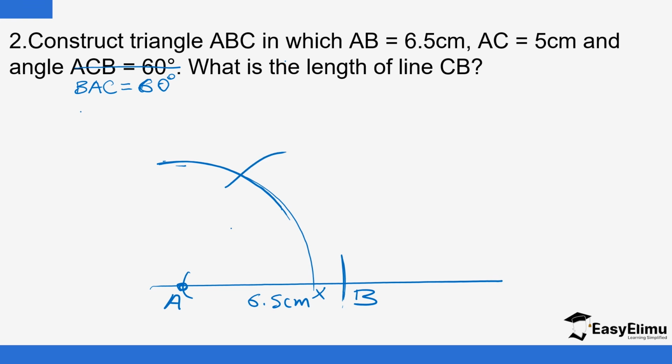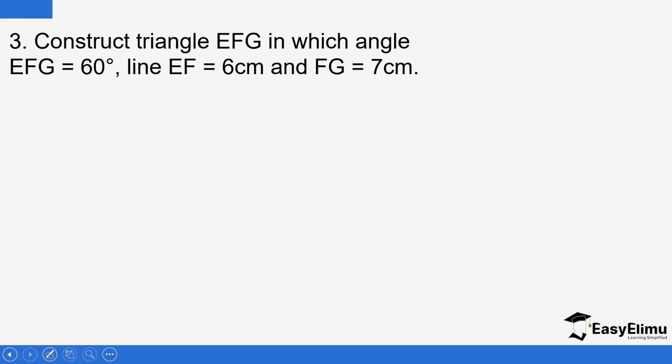That is where C is supposed to be. So you join this to that. And then you join B to C. So this is where C is. So you have constructed it. So this one is 60 degrees. So the arc X, then using X and the same radius, make an arc there. Shall have label point C.